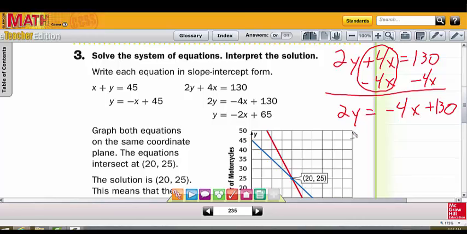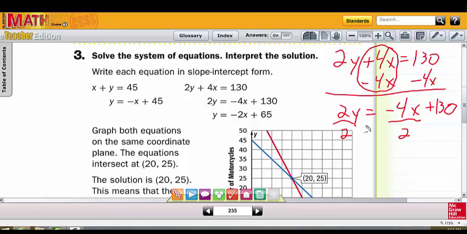But we don't have it in the y equals mx plus b format, y equals some amount of x plus or minus some constant, because we have 2y. So clearly we need to divide this by 2. But now this is the big thing that a lot of students will make an error here. They'll just divide one of these by 2. You can't. There's 3 terms here.